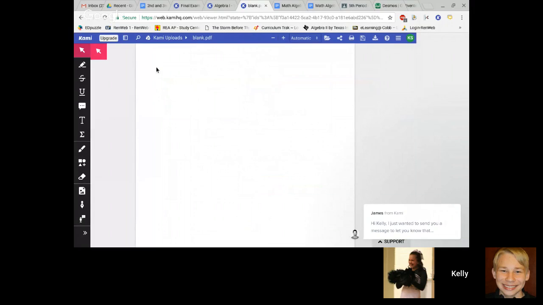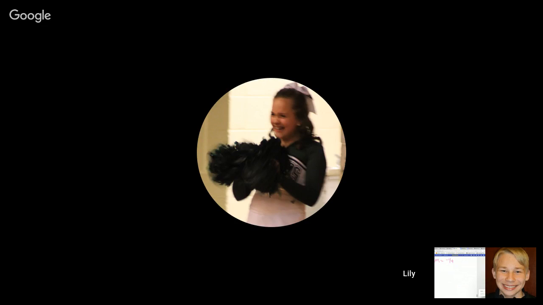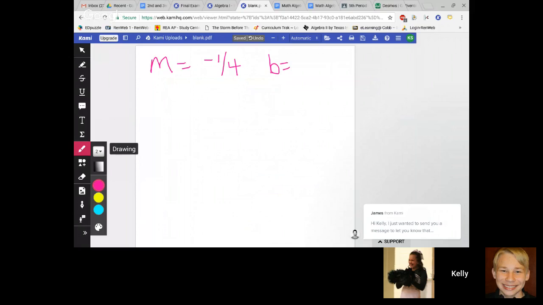Okay. The very first thing that you would do, you see that the slope, and I'm just going to write an M for slope. Will that make sense to you? It's negative 1/4, correct? And then the y-intercept, I'm going to write as B, and that's a -2, correct? So the very first thing I'm going to do is put it in slope intercept form. That part I feel like you're comfortable with, right?